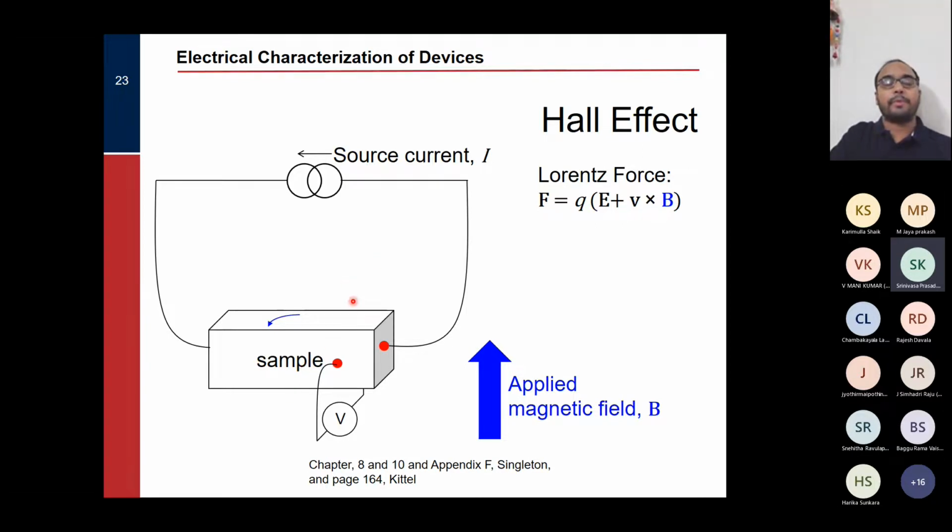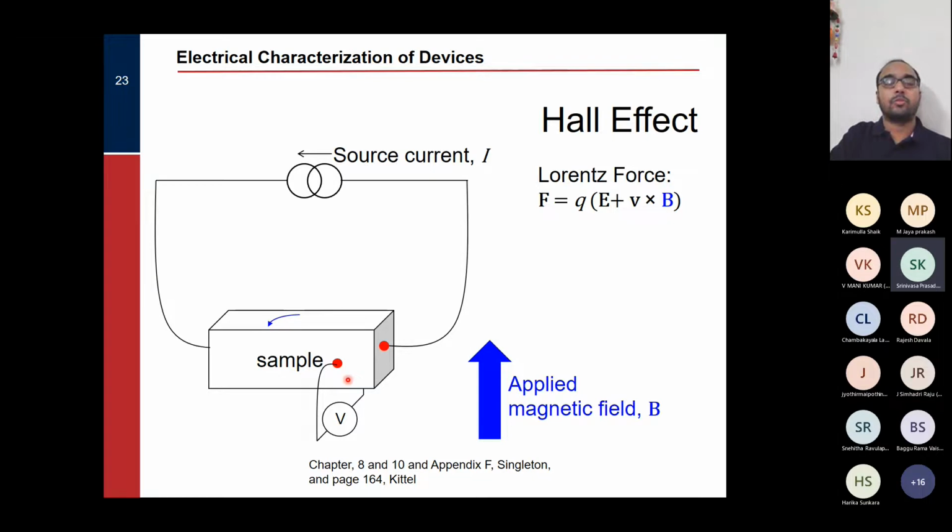There will be a charge separation because electrons and holes experience the force in different directions. So there will be a charge separation between the two ends, and if I measure the voltage, I will get a voltage difference. From the sign of the voltage, I can say whether it is an electron majority type or a hole majority type of material.